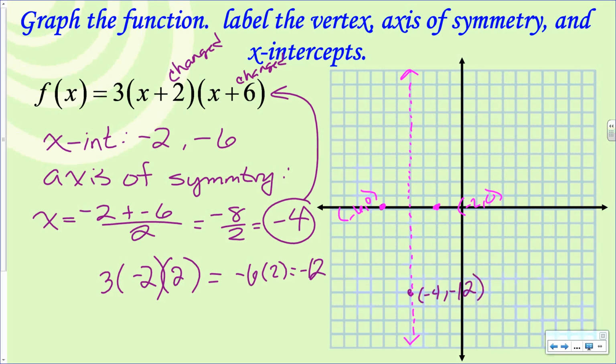That's my vertex. Okay? And my vertex is always on the axis of symmetry. The vertex is always on the axis of symmetry.